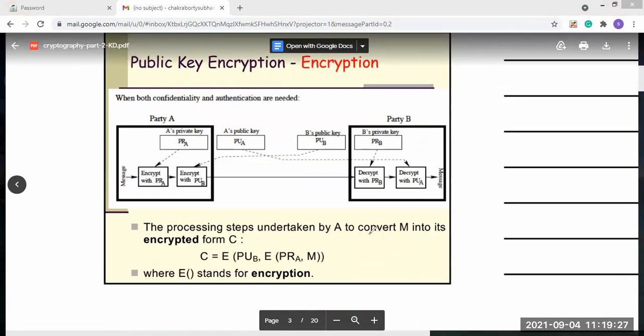First, party A converts the message M into the encrypted form C. That encryption happens as I explained: first using the private key of A, which is the authentication process, and after that the message is encrypted again using the public key of B, which is the confidentiality process.